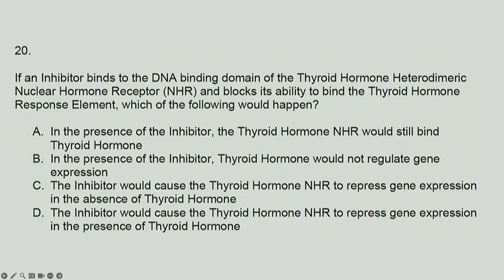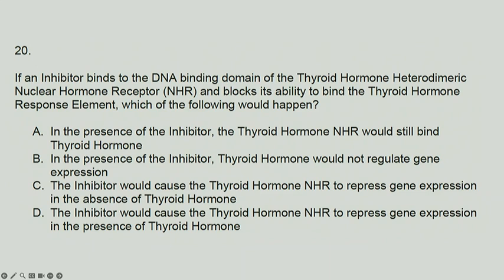Yes, right? So just because it's not bound to the DNA anymore, it's still going to bind the hormone just fine. That's a completely different binding region, a completely different section of the protein. It's not bound to the DNA, right? So since it's not bound to the DNA because of the inhibitor, the binding of the hormone is not going to have any major effect, right? So in the presence of the inhibitor, thyroid hormone would not regulate gene expression.